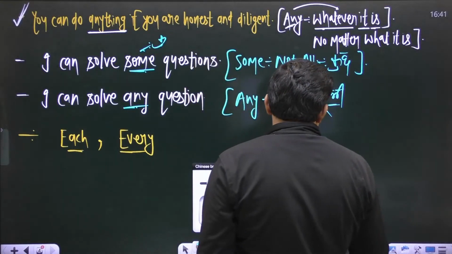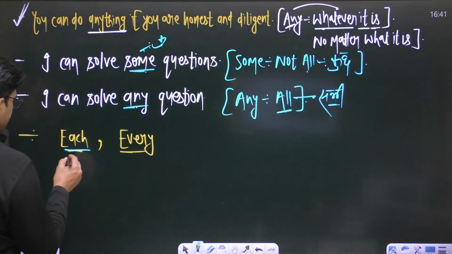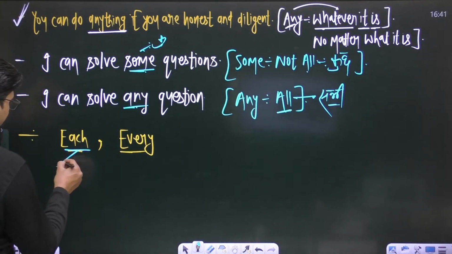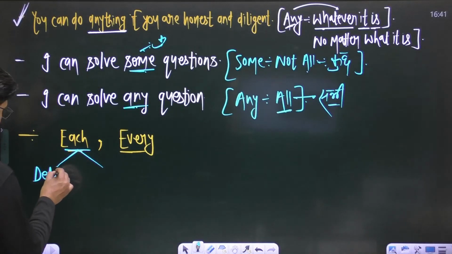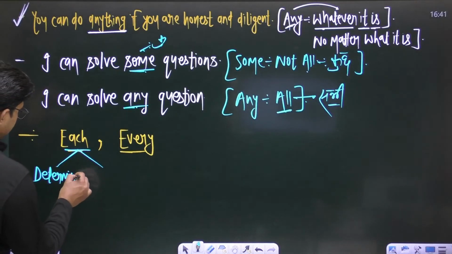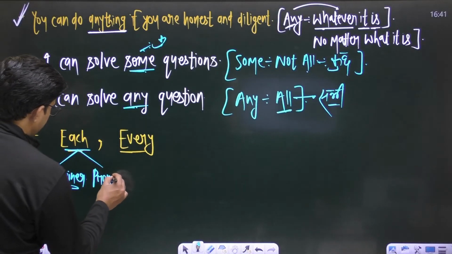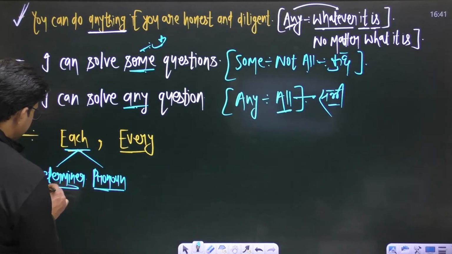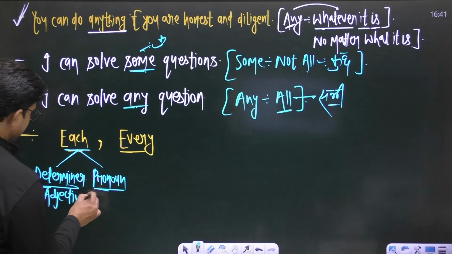Okay, let us start. If you want to know this word each, make it sure this word has two different parts of speech. This word is determiner, as well as pronoun. Determiner or adjective, you can say. This is adjective as well as pronoun.